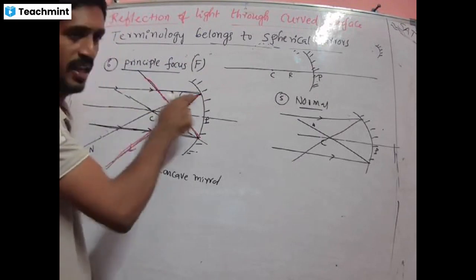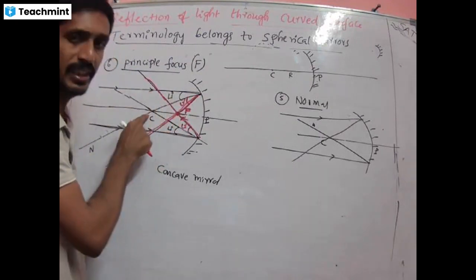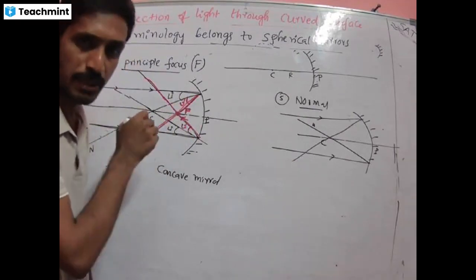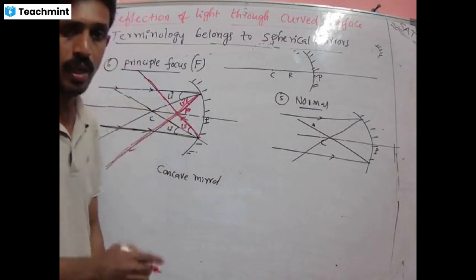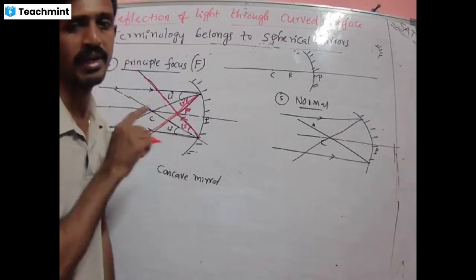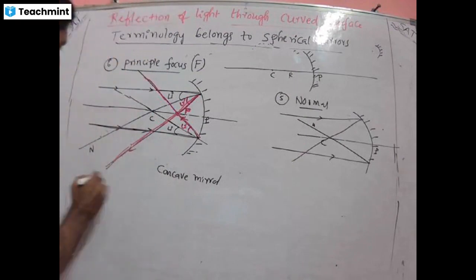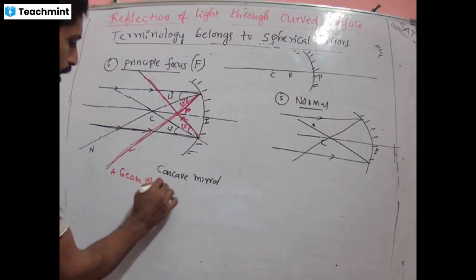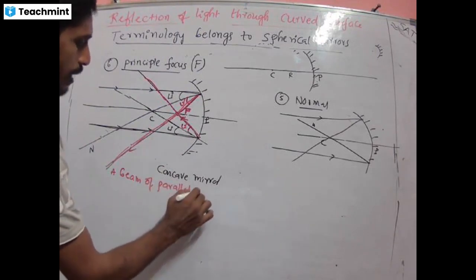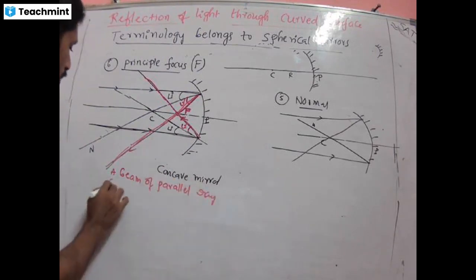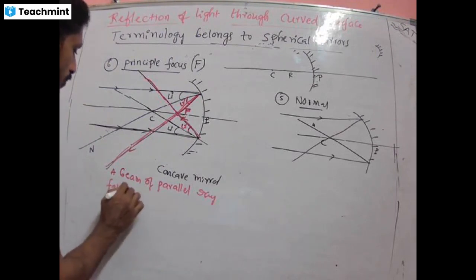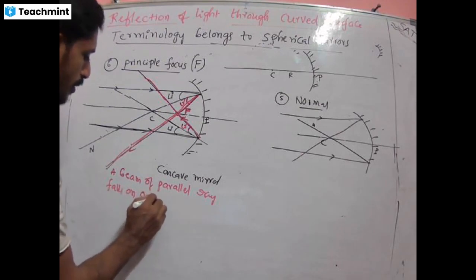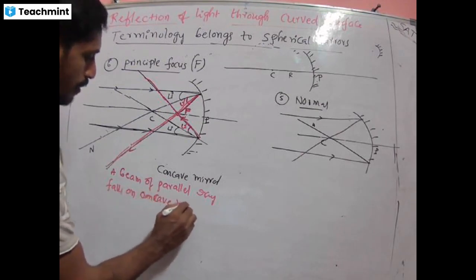A beam of rays parallel to the principal axis, after reflection, passes through a point on the principal axis. That point is called the principal focus of that mirror. I write the definition here: a beam of parallel rays fall on a concave mirror.